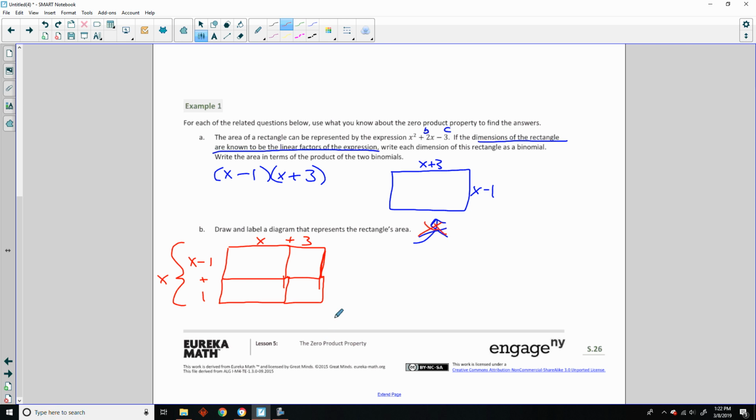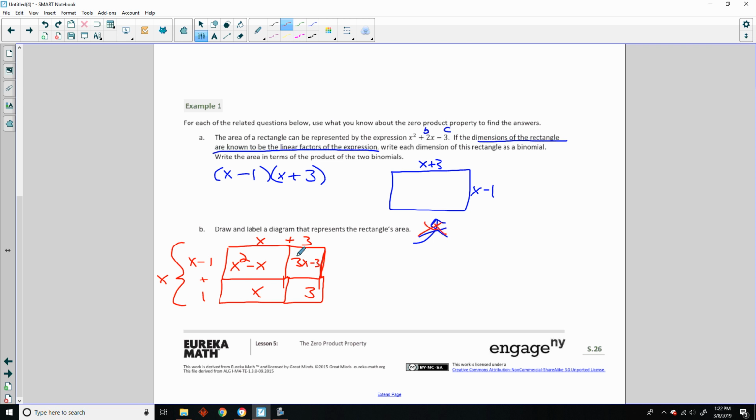So there it is. A little messy, but now we multiply. X minus 1 times x is x squared minus x. And then multiply it by 3, we get 3x minus 3. And 1 times x is x, and 1 times 3 is 3. Okay, so there is the area of the rectangle diagram.